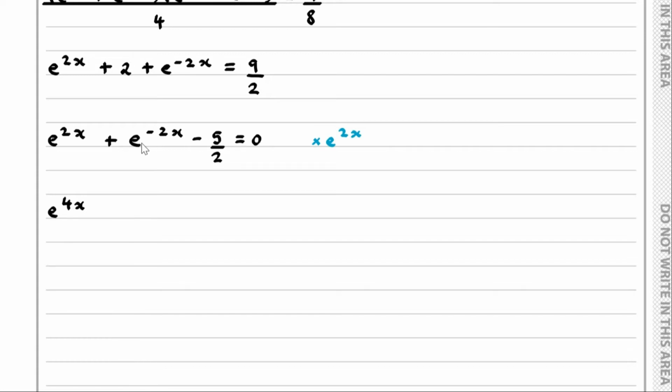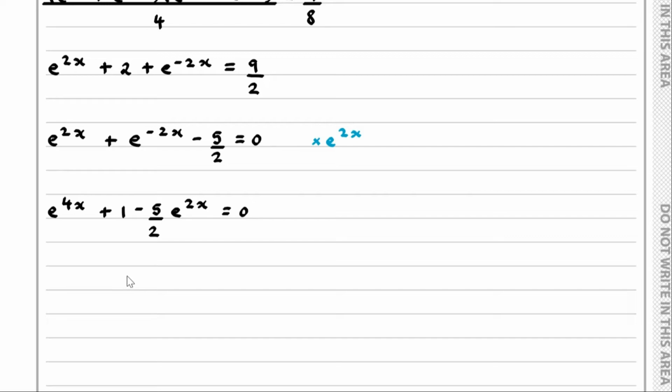Then we have e^(-2x) times e^(2x), that's just 1. And then we have minus 5/2 times e^(2x), so that will be minus 5/2 e^(2x).